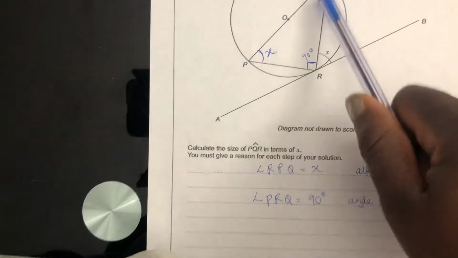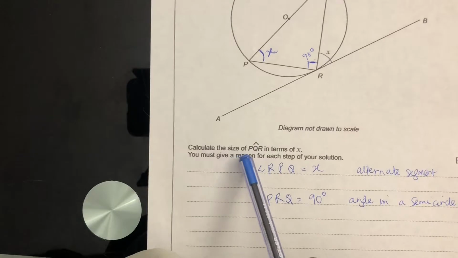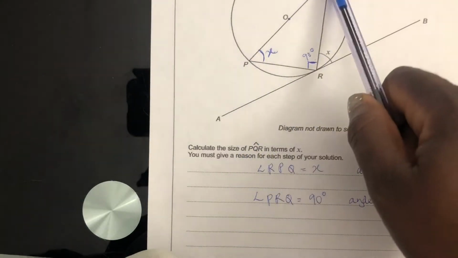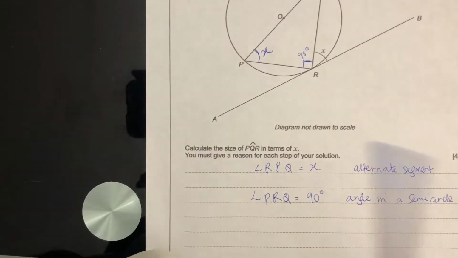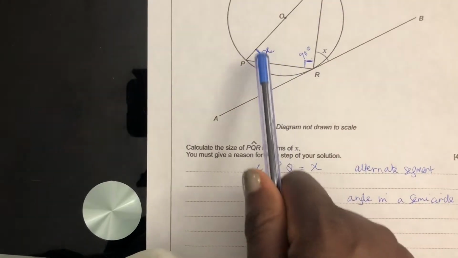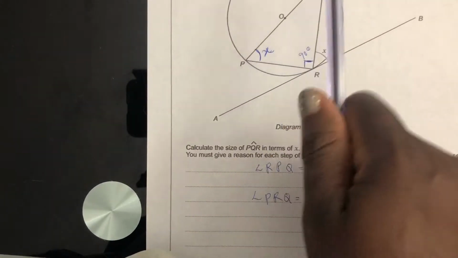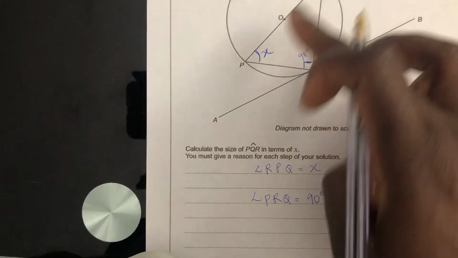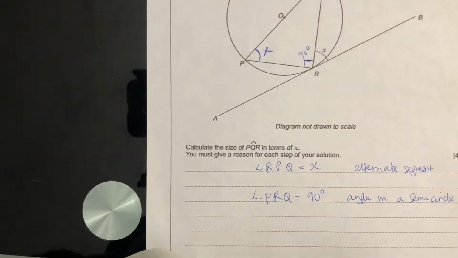Therefore, now the angle that I'm looking for is angle PQR. So PQR is inside this triangle, and I've already got those two angles. So I just need to use angles in the triangle.